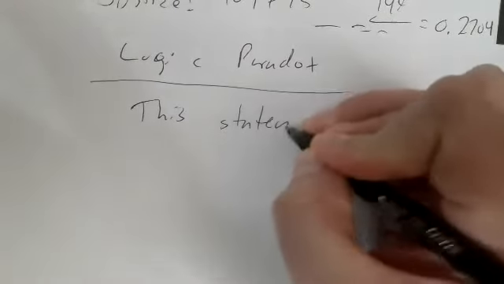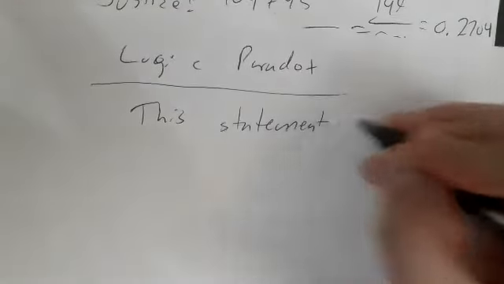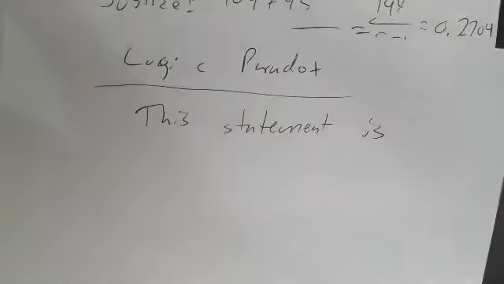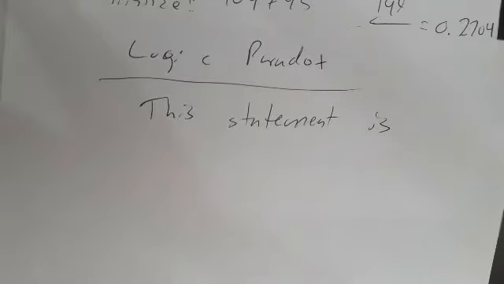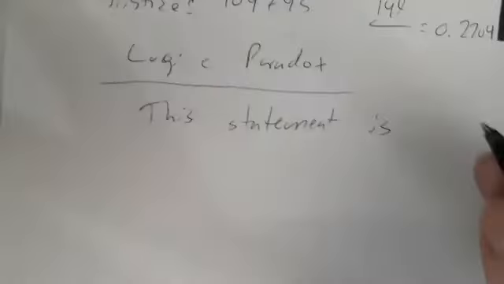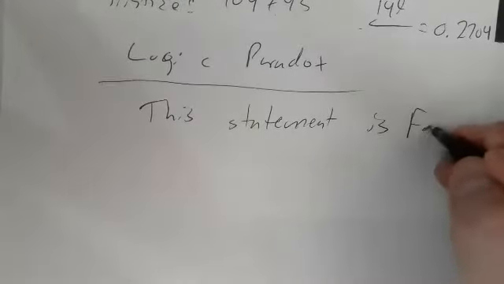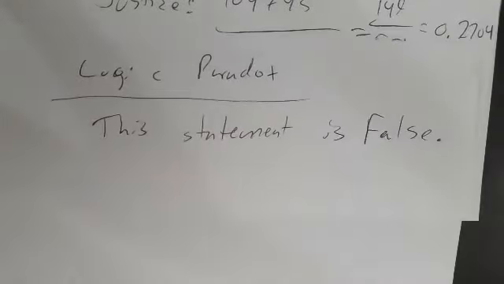When we started logic, we made the assumption that every statement we made was either true or false. So when we made a statement, it could be verified as either true or false. And this thing is called the liar's paradox.